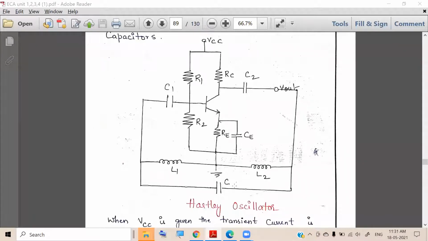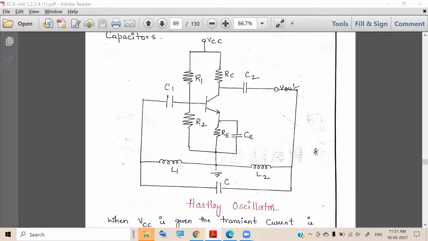For the Colpitts oscillator, the entire structure is the same. The only difference is that in place of L1, L2, we have capacitors C1 and C2, and in place of this capacitor C, we have an inductor L.